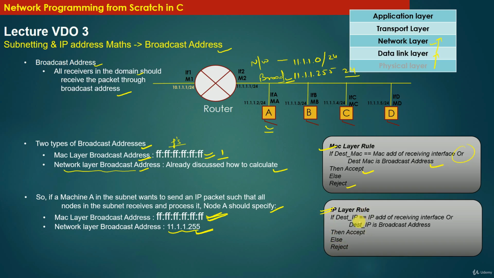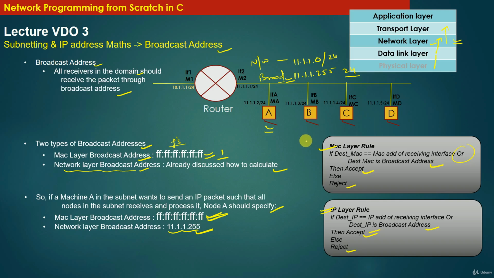The IP layer rule says that if the destination IP address is equal to the IP address of the receiving interface, or the destination IP address is a broadcast address, then accept the packet, else reject it. Here, accepting the packet means that the network layer chops off the network layer header and passes the rest of the packet to the layer above it, that is the transport layer.